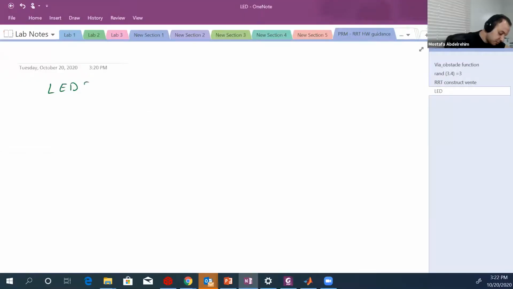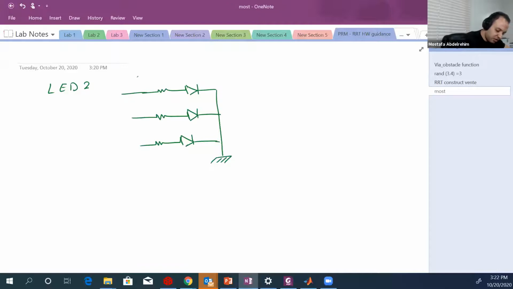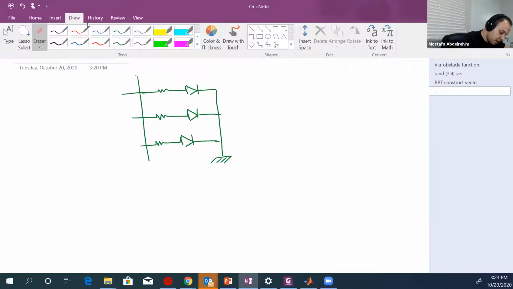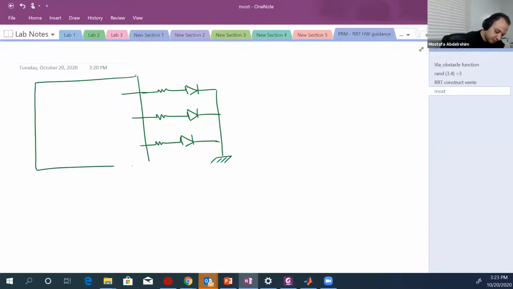So LED 2 is actually a structure like this. It is on port 2, pins 0, 1, and 2.